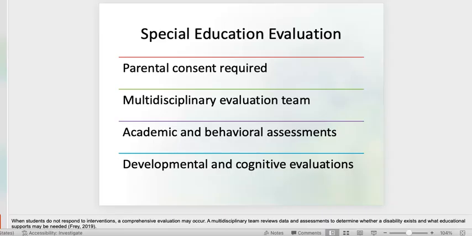The evaluation process may include reviewing academic performance data, conducting behavioral observations, and administering cognitive and developmental assessments. These comprehensive evaluations help determine whether a student has a disability and what educational supports may be required. Frey, 2019.